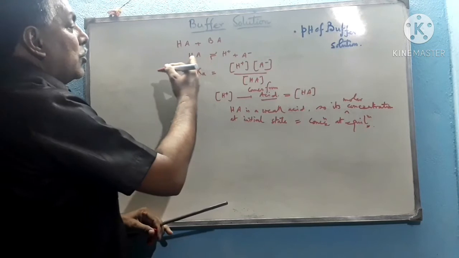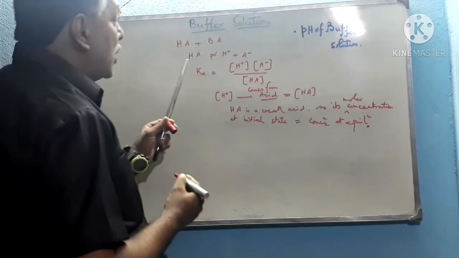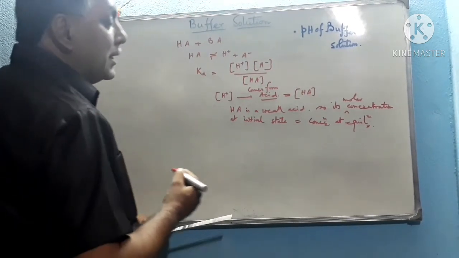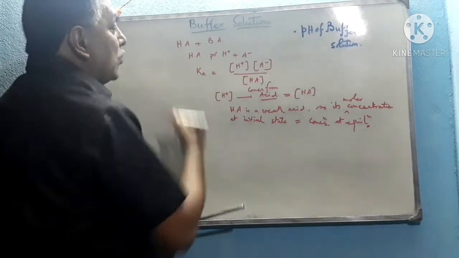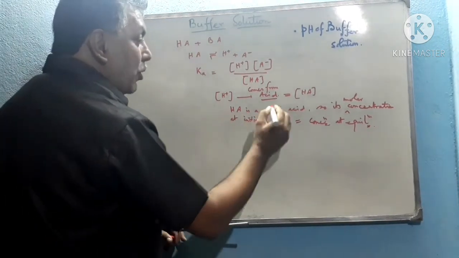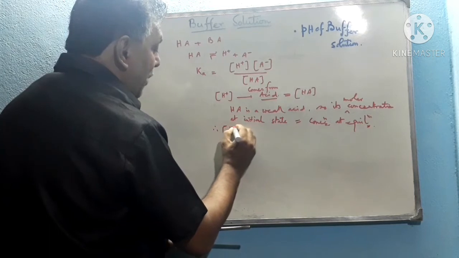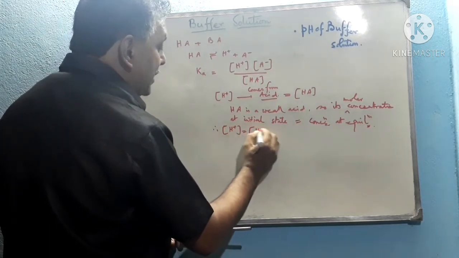So the initial concentration of the weak acid HA is equal to its concentration at equilibrium. Therefore, we can write the concentration of H plus equal to the concentration of HA.